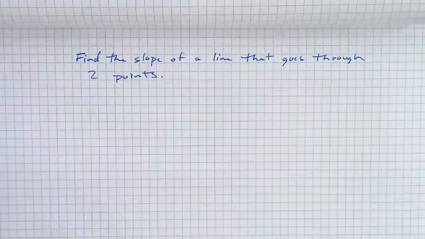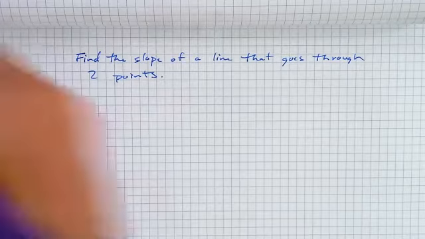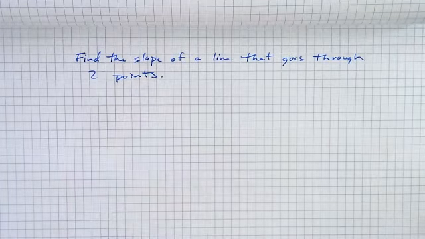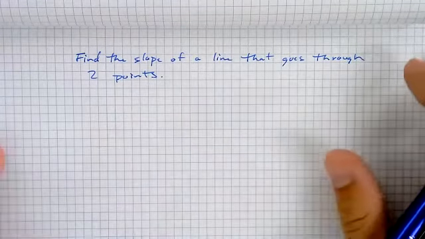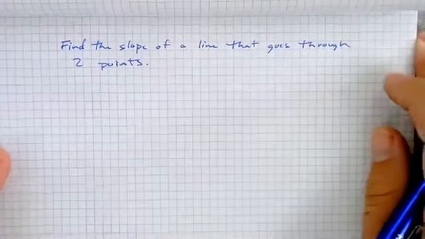Normally we started doing this as, okay, here's a graph. Can you count up and over? Well, you won't always have a graph.